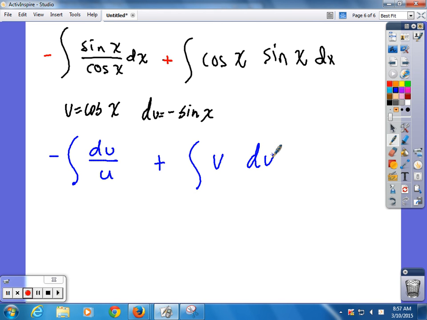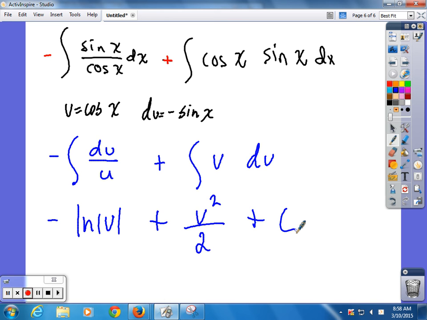And what is this? Negative natural log of u plus, what is this? u squared over 2 plus c.